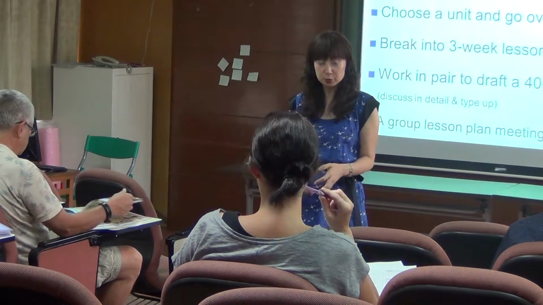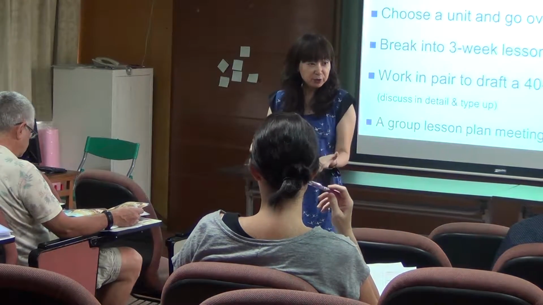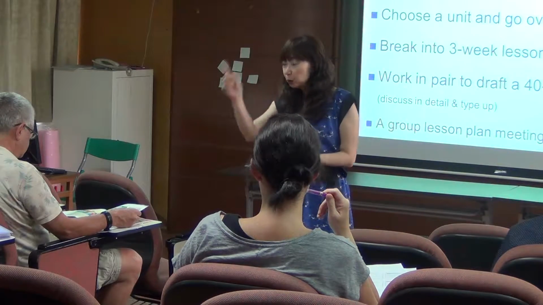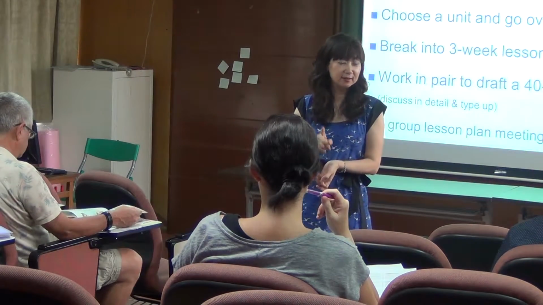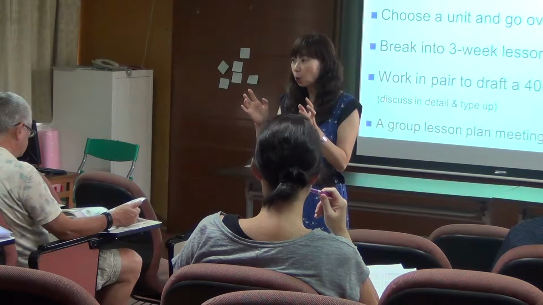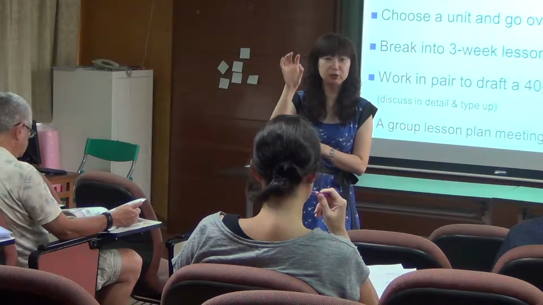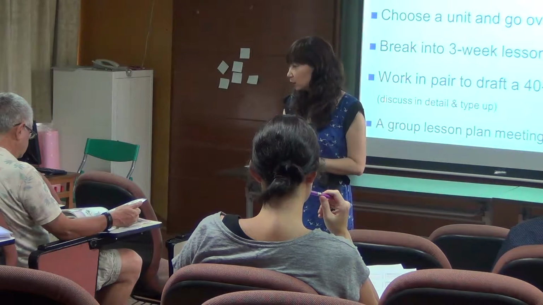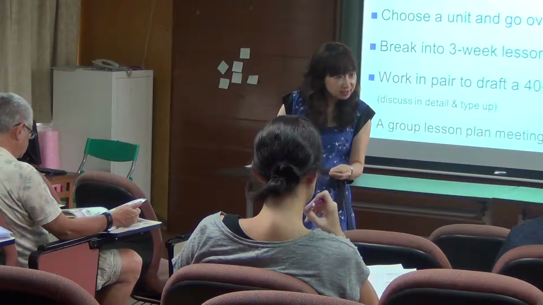So every time you start planning a unit, look through the whole unit at one time, get a sense of the main teaching goal you need to accomplish, and then break it down. Do not go by pages.